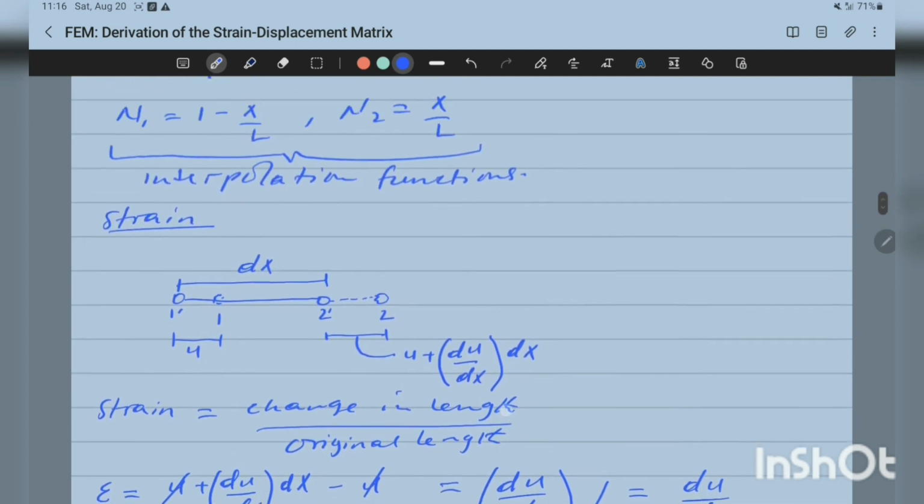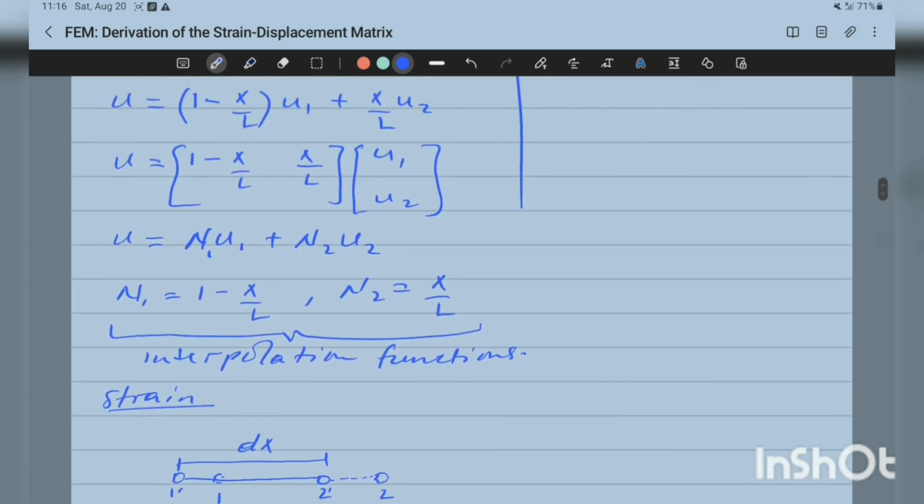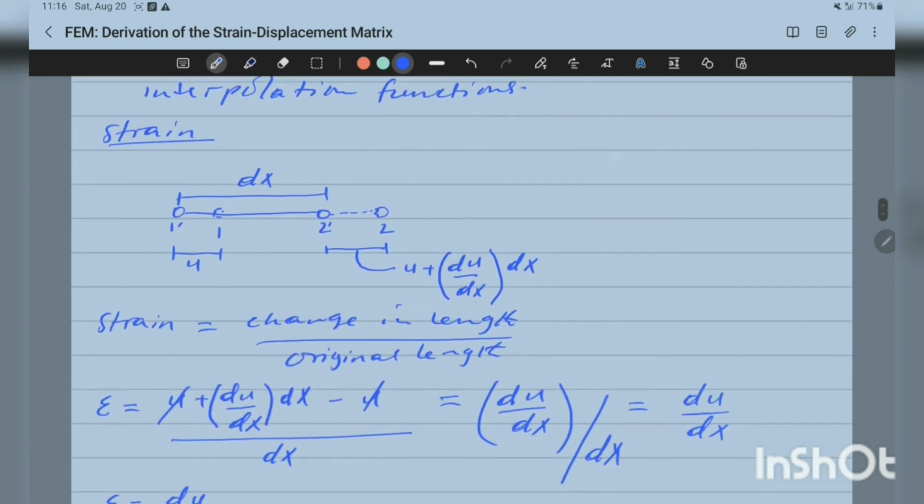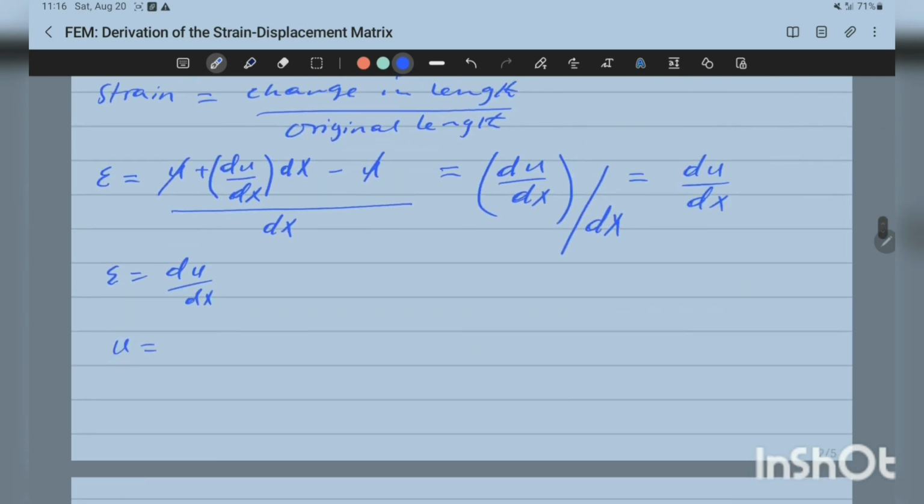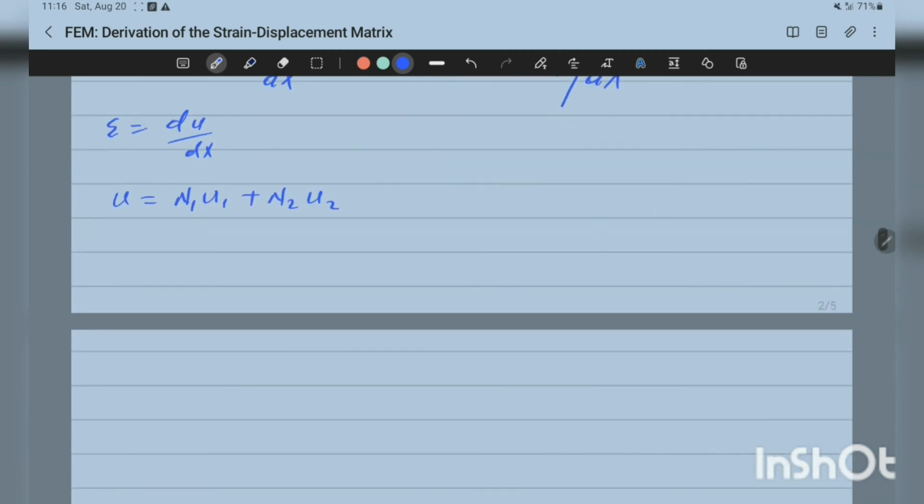Now in our previous derivation, u is given by this equation: u equals N1 u1 plus N2 u2, that is the shape functions.